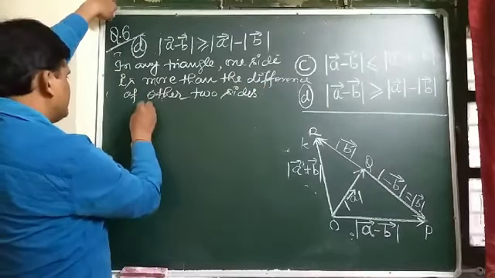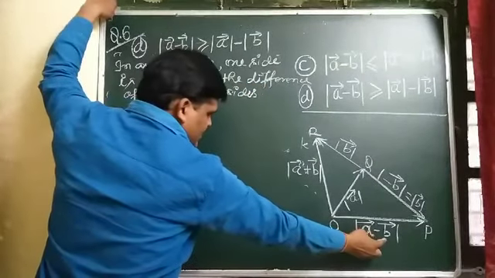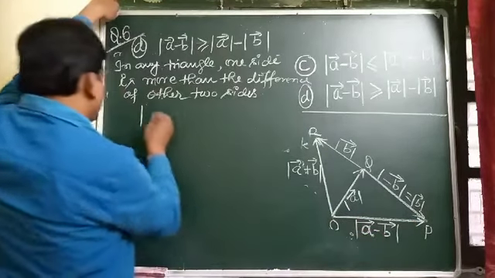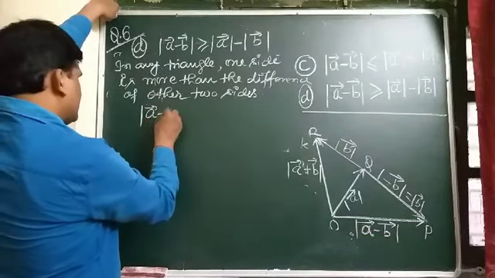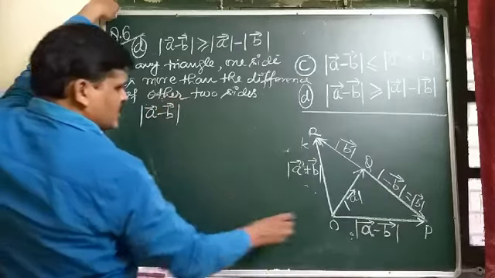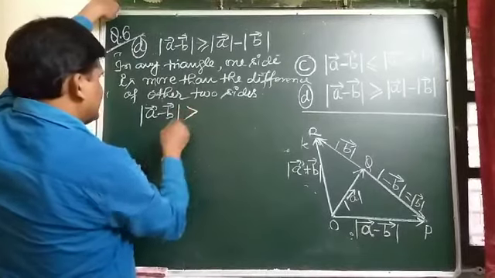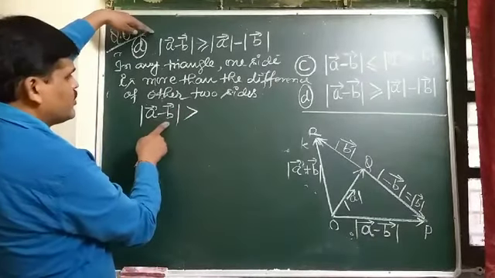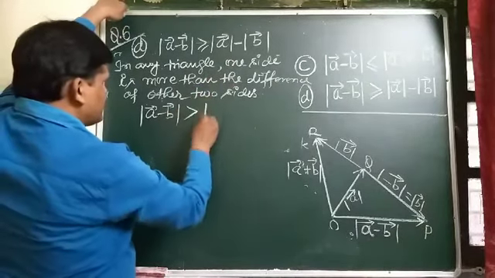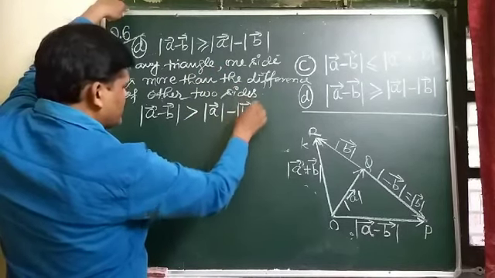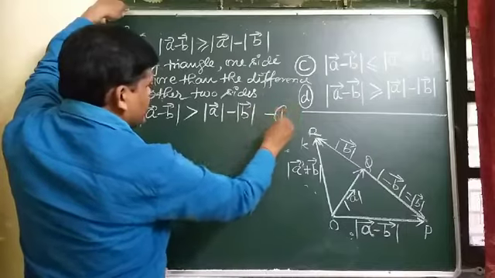So student, we use here one side we have taken, and its length is mod vector A minus vector B, and this side is more than the difference of this side and this side. One side is more than the difference of the other two sides. This is the first property we have to write here.